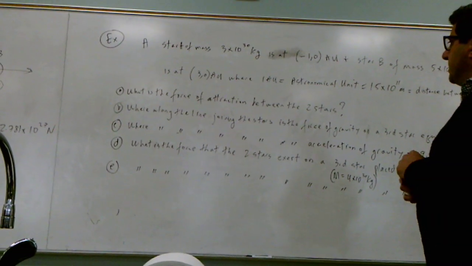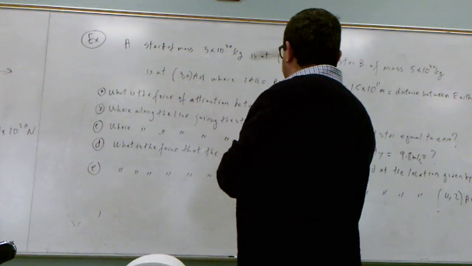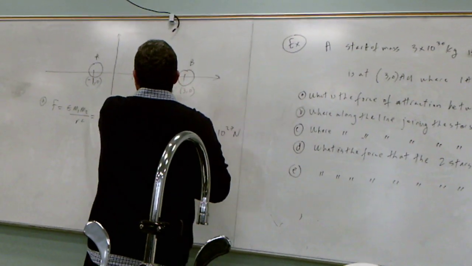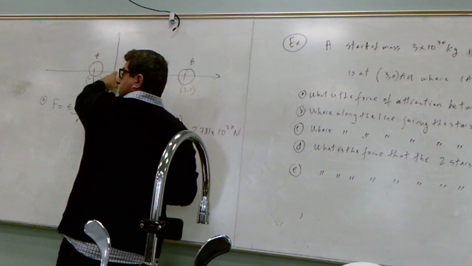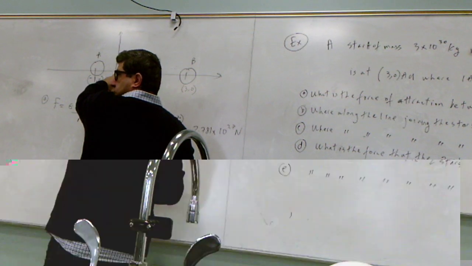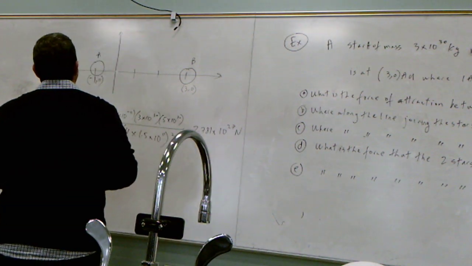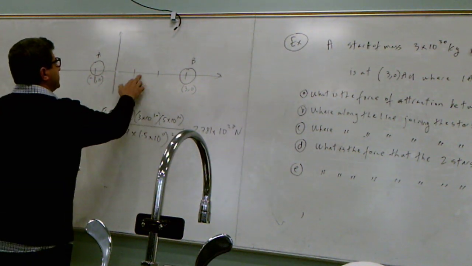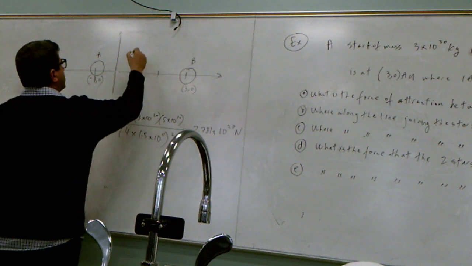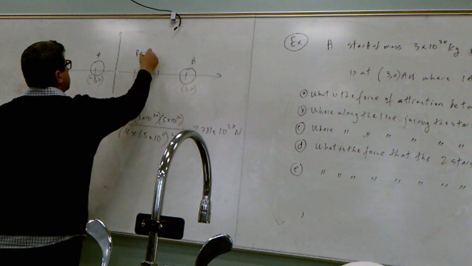So B, where along the line joining the stars is the force of gravity on the third star zero? There's a location here where if you put a third star there, it would experience no force. You would be attracted by the two stars equally, right? Where can that be? Can it be somewhere in the middle? Yeah. We can call this region 1.